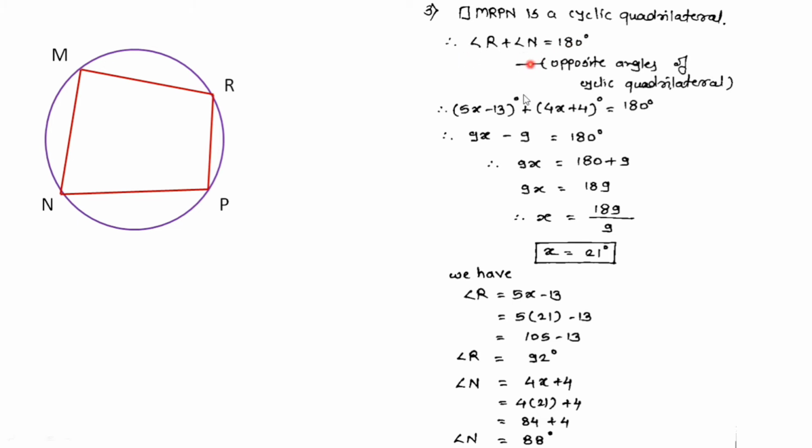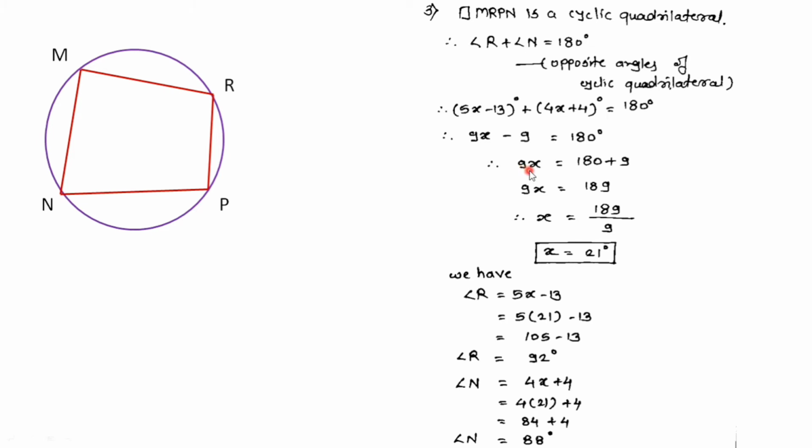Now for these angles, we have the substitution. Angle R is given to be 5x minus 13 degrees and angle N is 4x plus 4 degrees. So we have replaced these two angles, and the sum is equal to 180 degrees. So 5x plus 4x, we will get 9x, minus 13 plus 4, it will be minus 9, that is equal to 180.